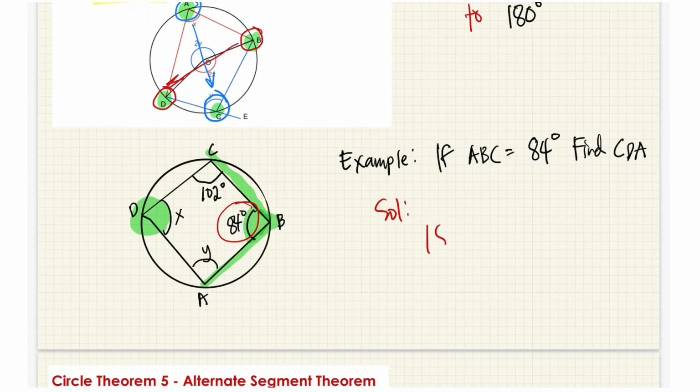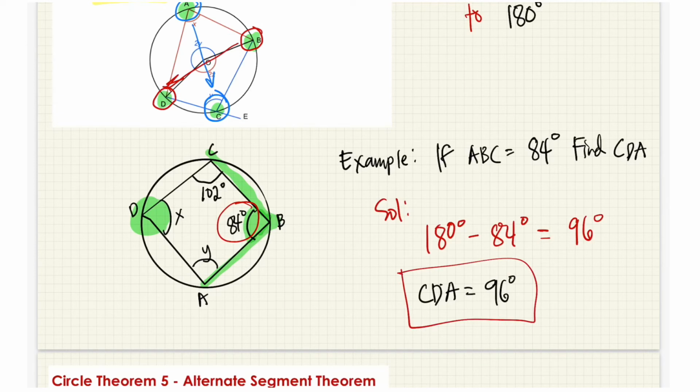So 180 degrees minus 84 degrees is equal to 96 degrees. So therefore, CDA is equal to 96 degrees.